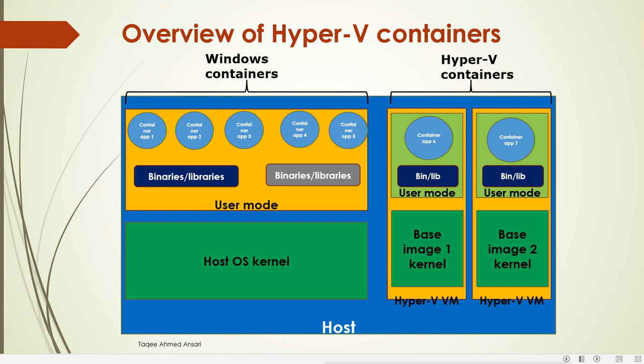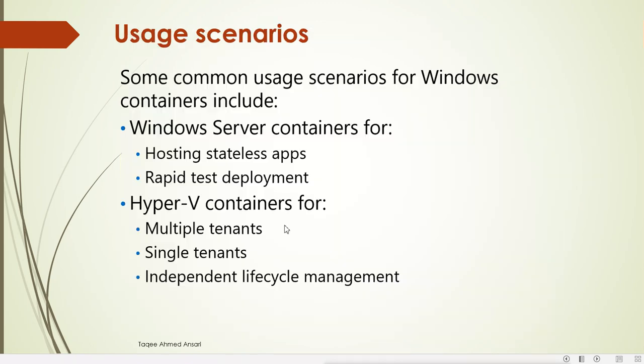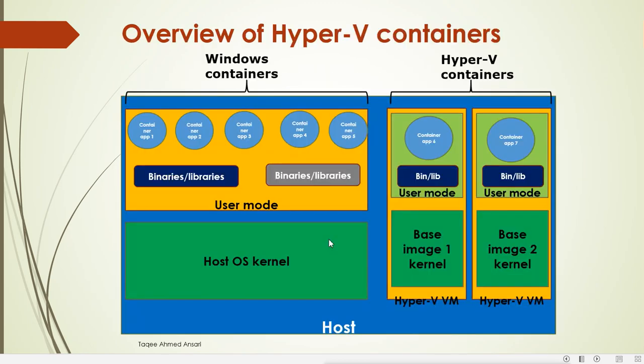So here the isolation is not that great, because they are still using the same libraries and binaries, the same kernel OS, and the same hardware resources. But if you want great isolation, that means these containers must be separated from each other, then we can use them in a virtual machine.